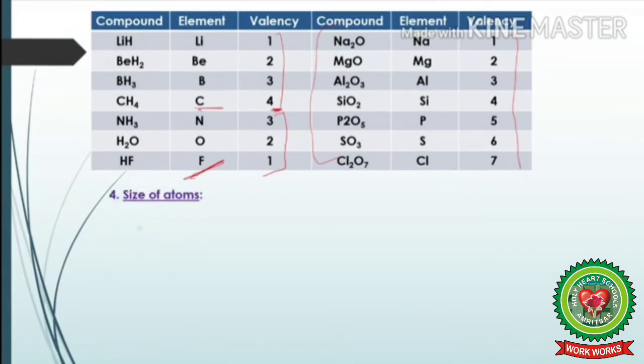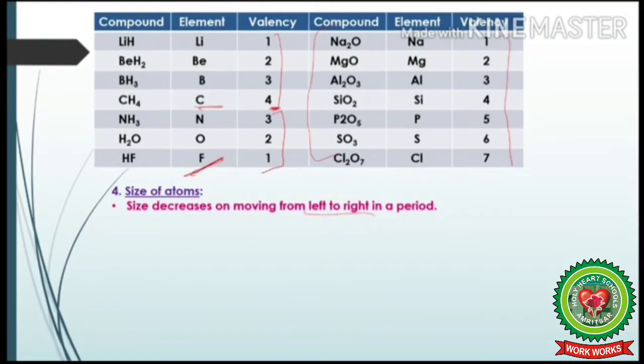The next trend is shown in the size of atoms. The size decreases as we move from left to right along a period. Why? Because there is an increase in the number of electrons as well as the number of protons, and as the number of protons increases, there is an increase in the nuclear pull.